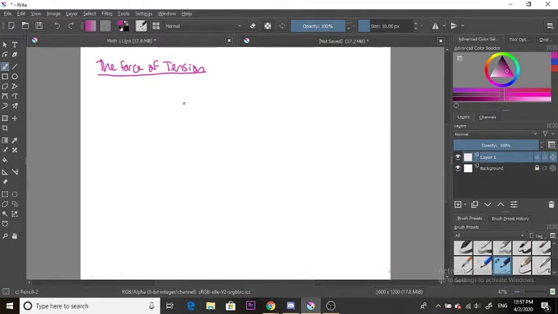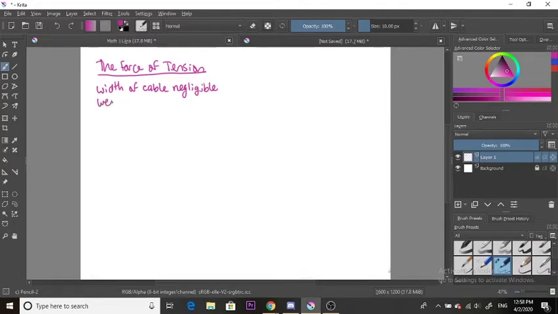Just a couple of things to note when we're talking about tension is that we're looking at cables that are very thin. So we don't care about the width of the cable. The width of the cable is negligible.